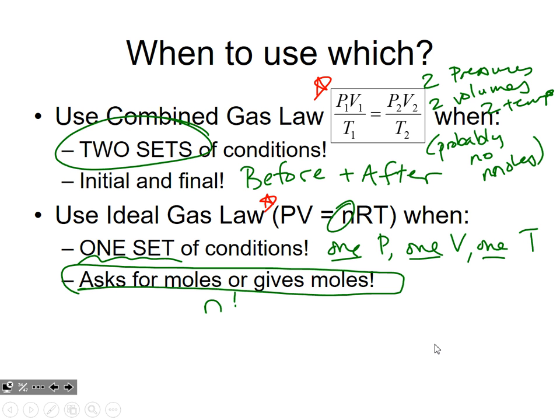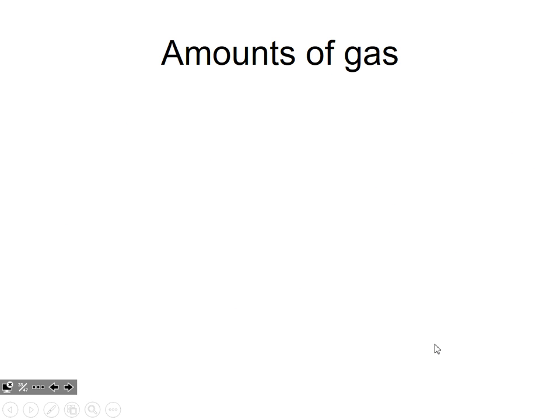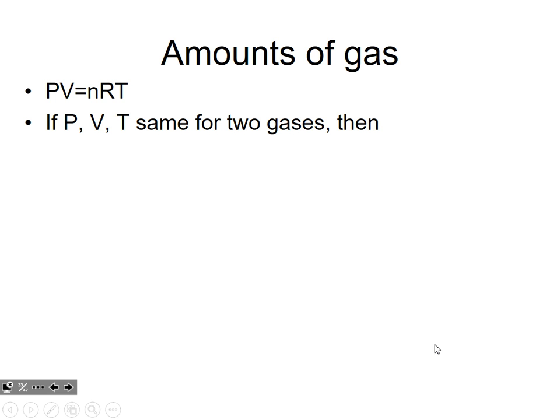So we want to look for code words in the question to figure out when to use which. Amounts of gas. Now with PV equals nRT, if we think about it, if pressure, volume, and temperature are the same for two gases, you have two different gases, but their P, their V, and their T are all the same, then the number of moles of gas must also be the same, right?